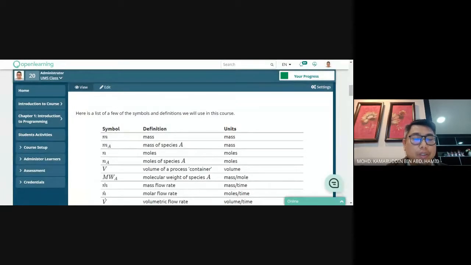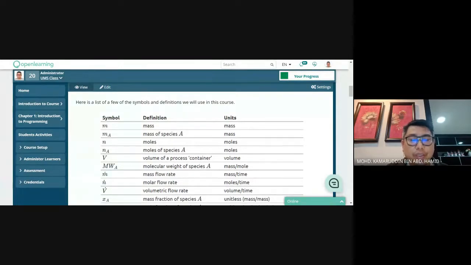This is a list of a few symbols and definitions that we will use in this course. Remember that this is important in the first step. Remember we have 6 steps earlier. The first step is you draw a diagram if it's not given.